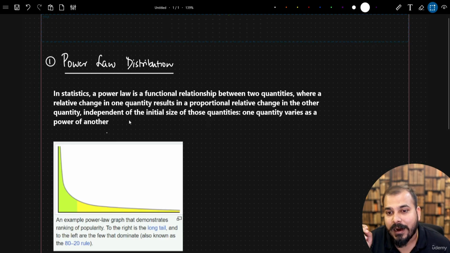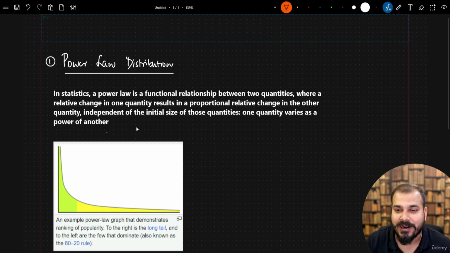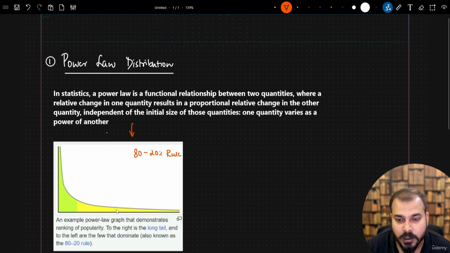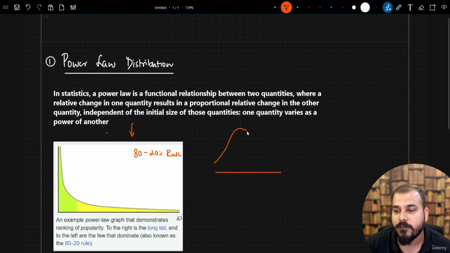Okay. Let's focus now on this diagram. This diagram will help you understand the power law distribution. Whenever we talk about power law distribution, you really need to remember the 80-20% rule. Now this is how the curve will look. You know that for a normal distribution, my curve will look like this.